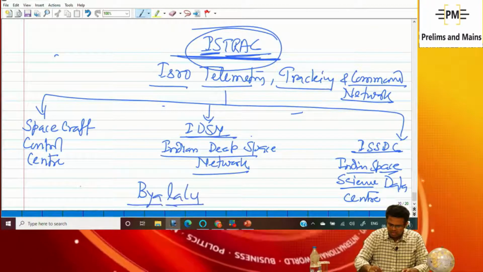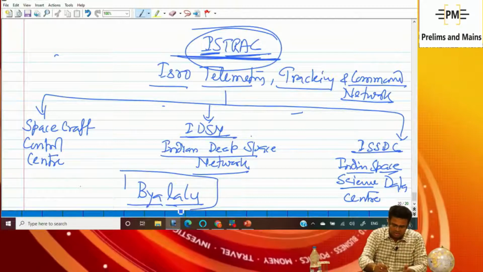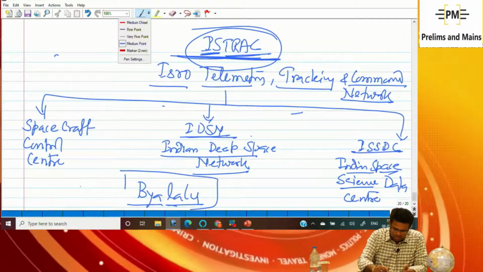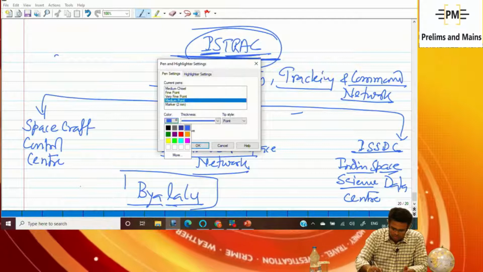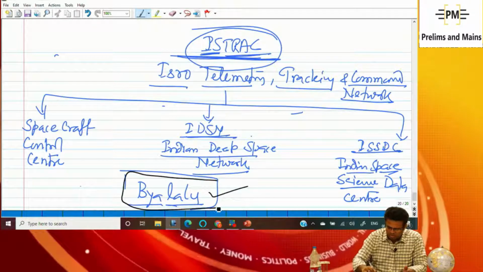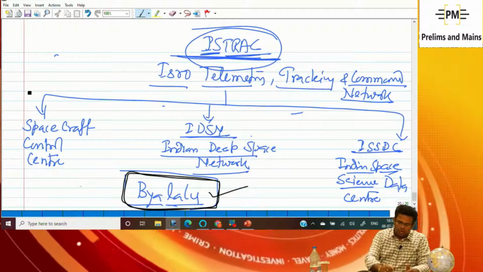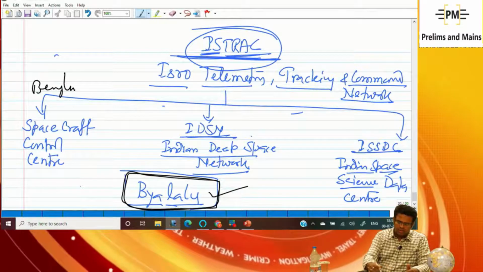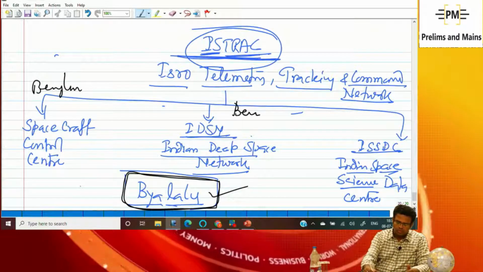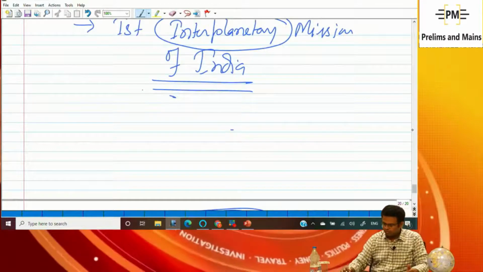It is a place nearby Bangalore, just in the Bangalore district. So all are in Bangalore.